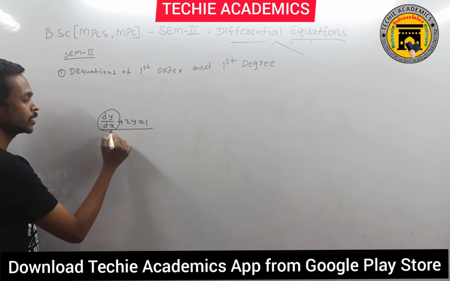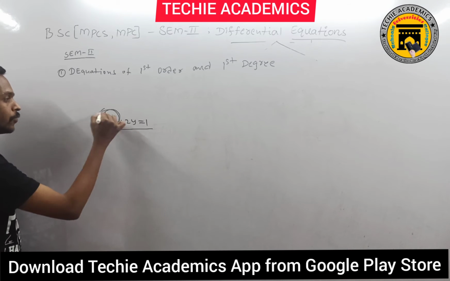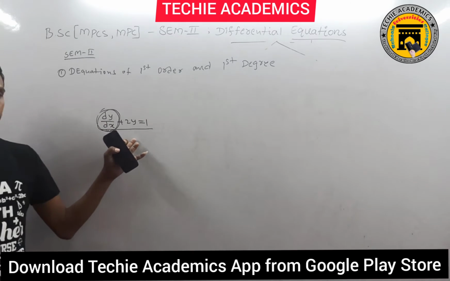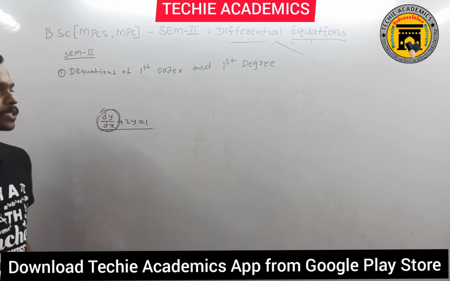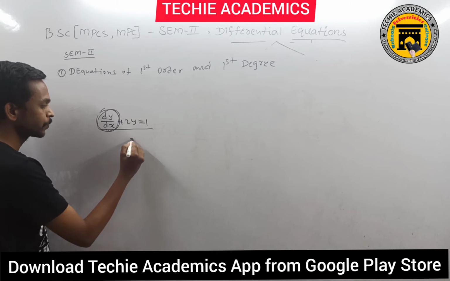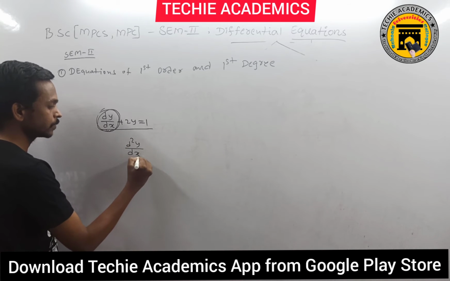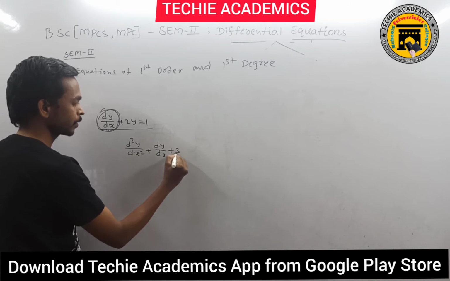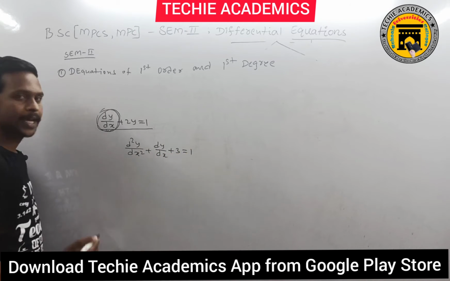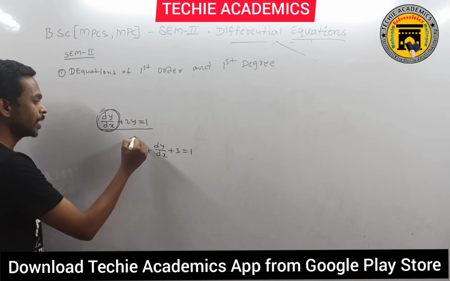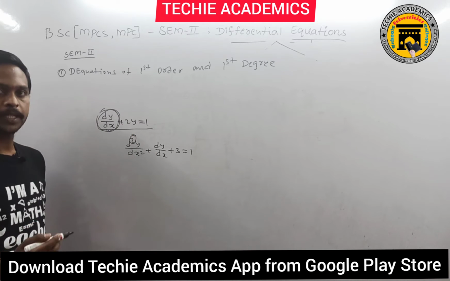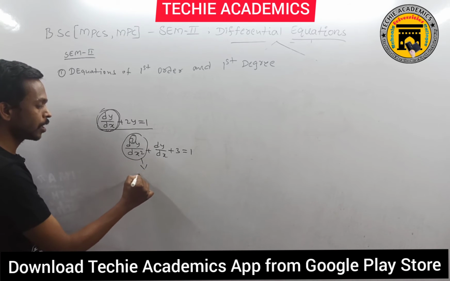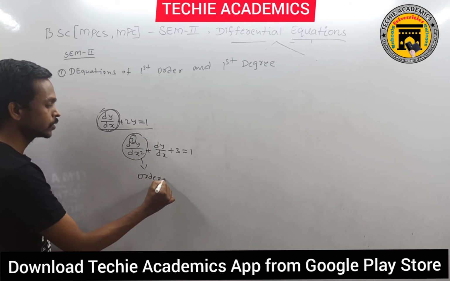If you observe this differential equation, only a first order derivative part is there, so the order is 1. For example, if an equation like this is there, here the highest derivative part is 2, so 2 times derivative is involved, and the order of this differential equation is 2.